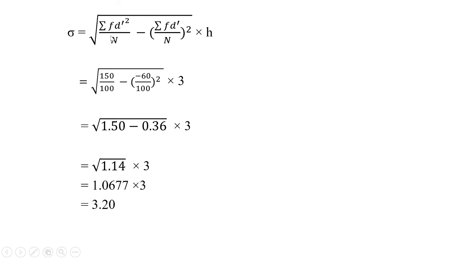We get 150 divided by 100 minus bracket 60 divided by 100 bracket square, into 3, and we get 1.50 minus 0.36 into 3. After calculating, we get under root 1.14 into 3, and under root 1.14 is equal to 1.0677, into 3 is equal to 3.20.